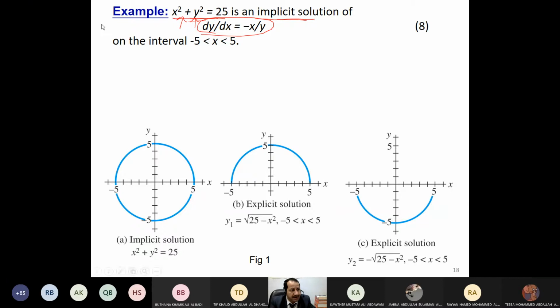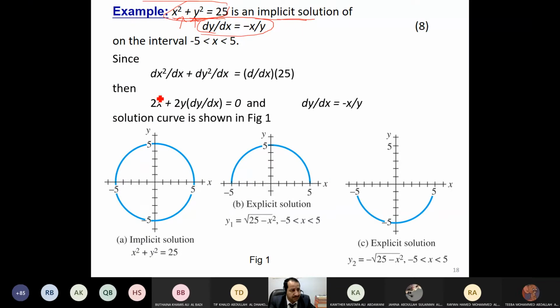Now, if I come to this function and differentiate, it will be 2x, and here 2y dy over dx, and here the 25 differentiation for it will be 0. Rearrange, we get this function. Yeah, this is correct. This function is implicit solution of dy over dx equal minus x over y.